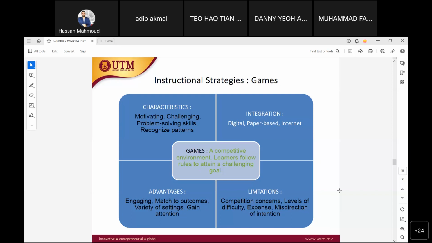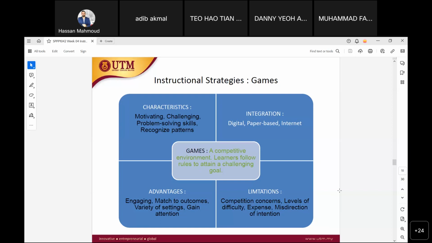It could be perfect for all ages, okay? We are talking about engaging our students, getting their attention all the time, motivating our students all the time, and stuff like that, okay? So games, the advantages of it, it matches the outcomes, the objective, variety of settings, gains attention, as I mentioned, and it could be for all ages, not a certain age, okay?